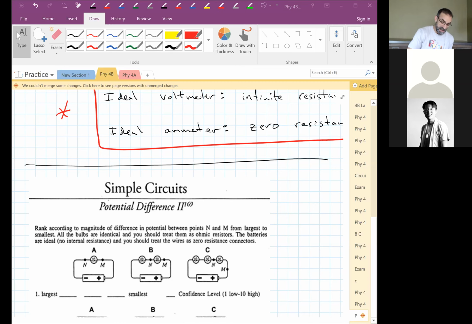It doesn't matter if this probe is hooked up here or here or here or here. Anywhere on this is the same potential. And the same with this one. This is all the same potential. So this is just reading the battery.